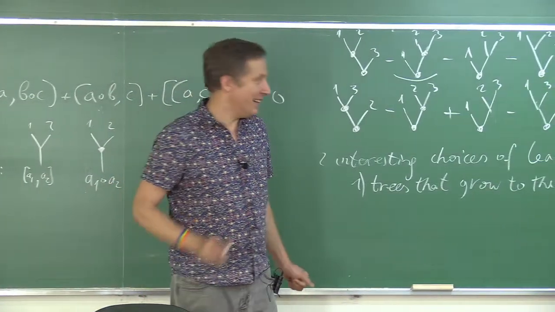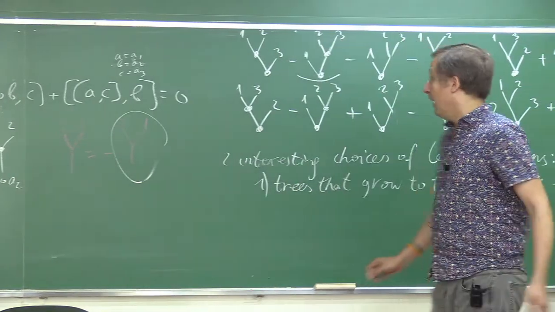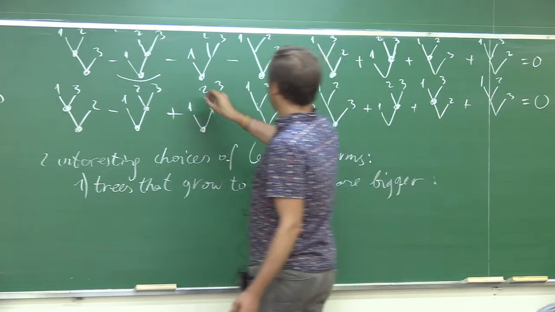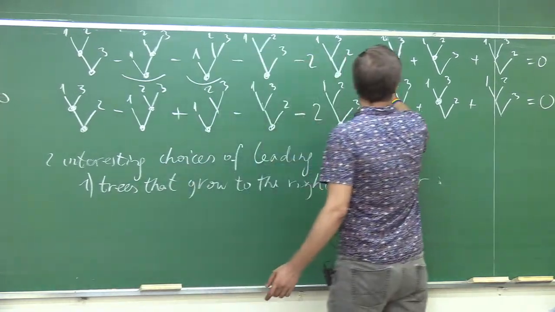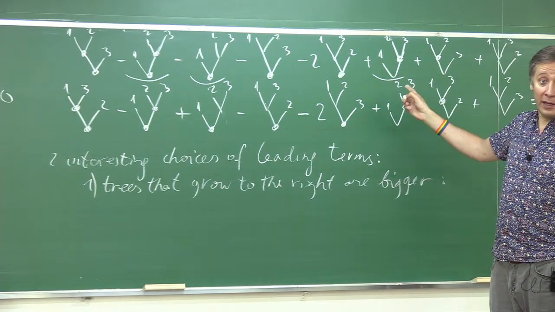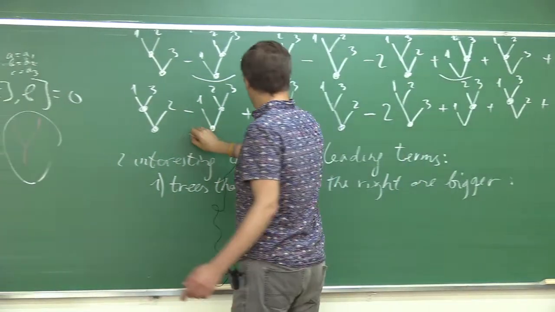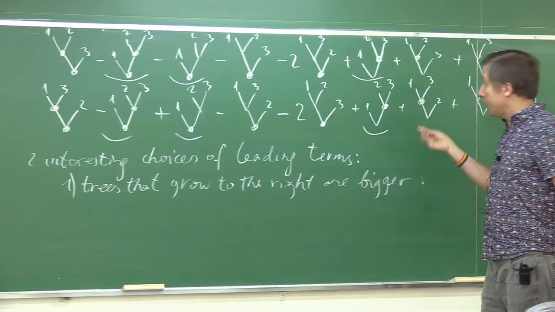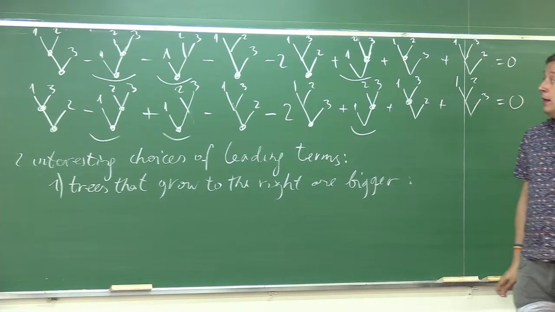Yeah, exactly. So here it's a little bit more interesting, because this relation has three different trees that grow to the right, and this one has the same three different trees that grow to the right.